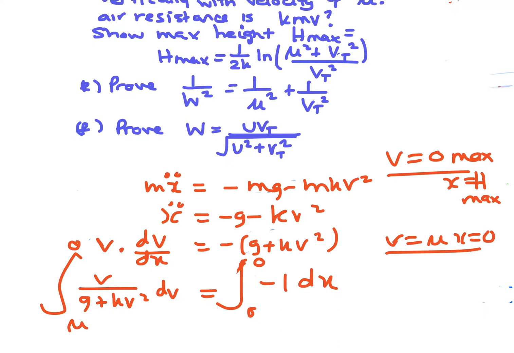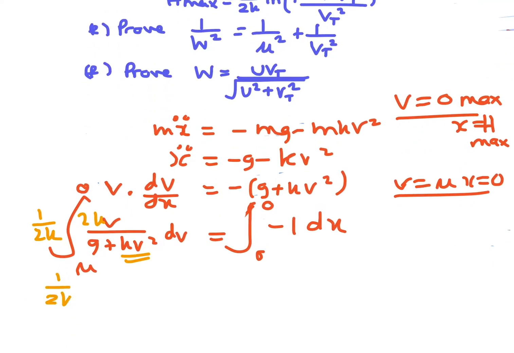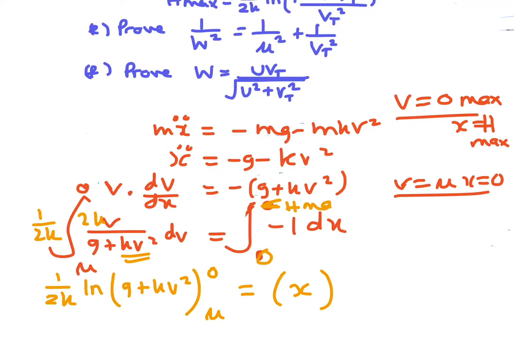Now how do you integrate this? Well, the derivative of g plus kv squared is 2kv, so you put 1 on 2k, and it is just a log. So it's 1 on 2k ln of g plus kv squared, going from u up to 0, and this is x, going from 0 up to h max.